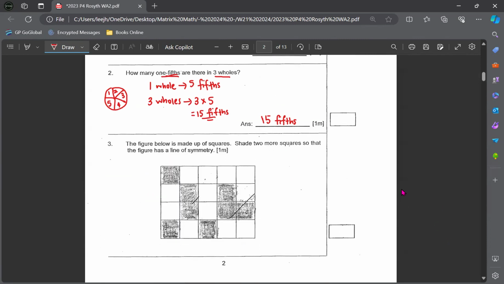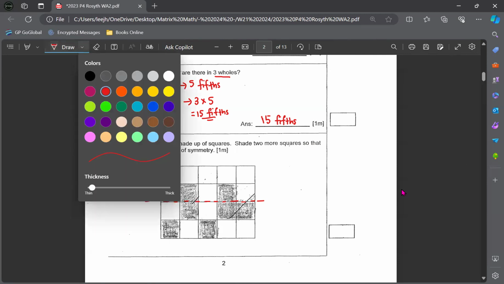Question number 3. The figure below is made up of squares. Shade 2 more squares so that the figure has a line of symmetry. If you look over here, where is the line of symmetry? It is not going up to down, it's actually from left to right. So this is the line of symmetry. Symmetry means that when you have 2 sides of the same pattern, like a mirror image. Which 2 squares are you shading?